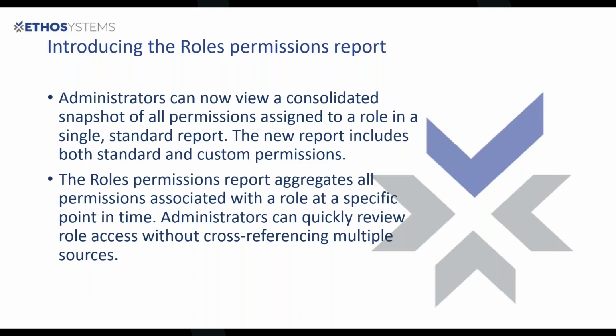One of the big things that's also happening is at the company level. When you look at roles and user permissions, you have to go in and drill in to see what they're able to do in the feature. They've now created a roles permissions report, so I can grab everybody in my company, see what permissions they have access to, and it gives me a more robust, consolidated snapshot of permissions of everybody in my company.